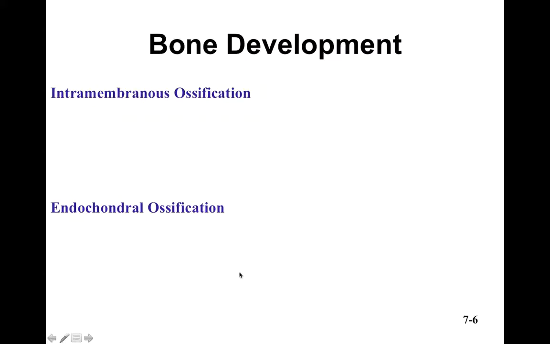All right, bone development. Intramembranous ossification is when the bones originate in this sheet-like structure. I'm going to try the pen again. So the bones originate in sheet-like structures.